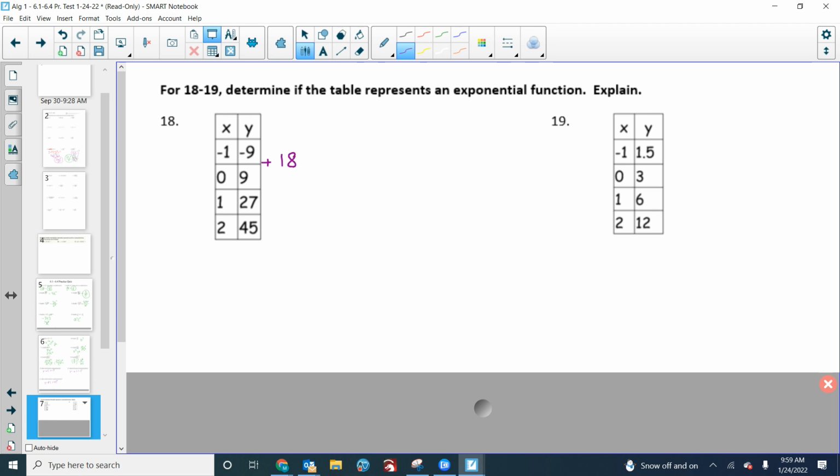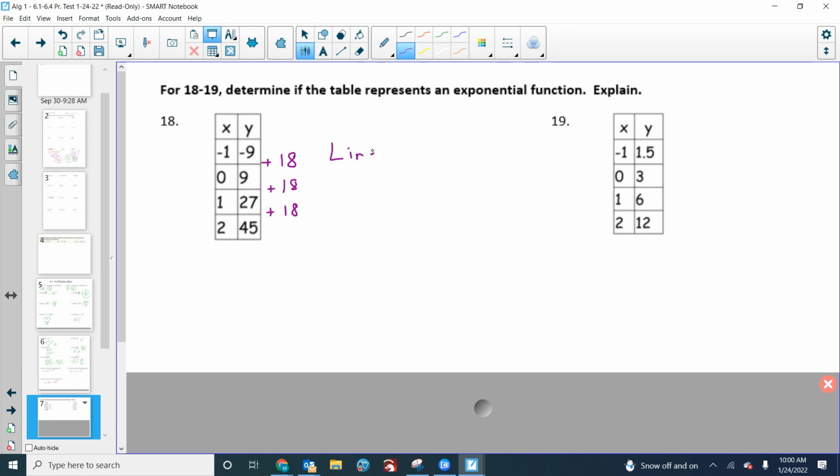Well, I would check for, is it linear first? Okay. So what's 9 to 27? 18. 27 to 45? 18. There is a constant change in y. What kind of functions have that? Linear.